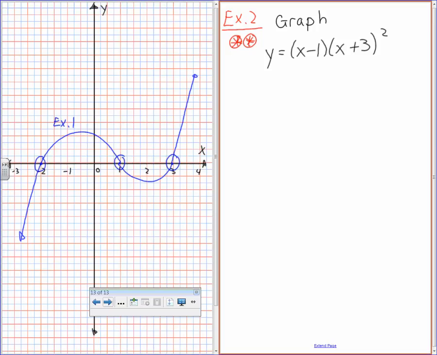So this would be like a quadratic, when the vertex would be right on the axis. This is going to be what we call a double root. I'll make a little mini note here if you don't mind.